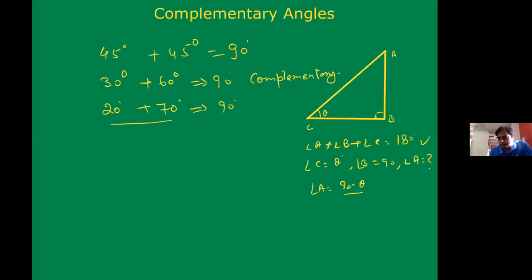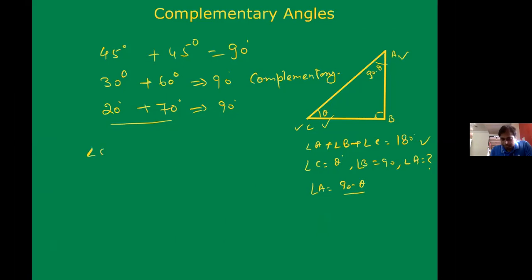So if this is one acute angle, the second becomes 90 minus theta. The two acute angles, angle C and angle A, are both acute because these angles are less than 90 degrees. The sum of these two acute angles is 90 degrees, so they are complementary.